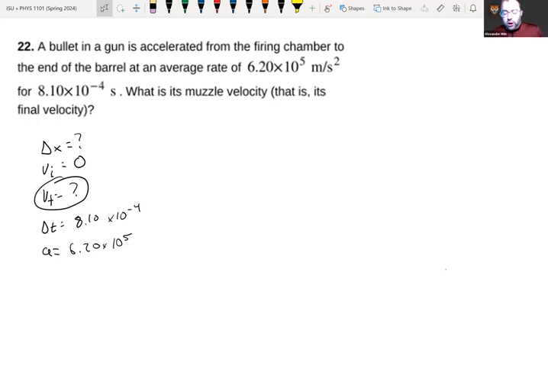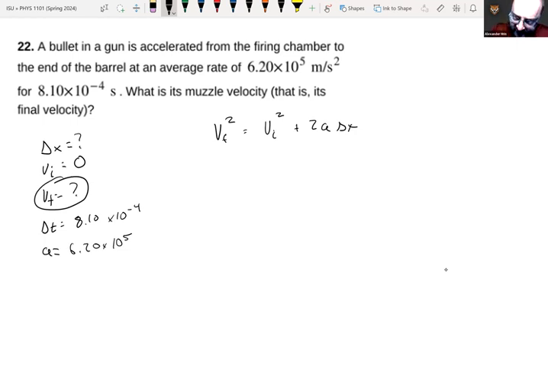Okay. So the equation I would use, I think this is the 4th one I gave you, is V final squared equals V initial squared plus 2a delta x. I might have put the V initial squared after, but it doesn't matter. And then from there, we just plug in and solve for it.